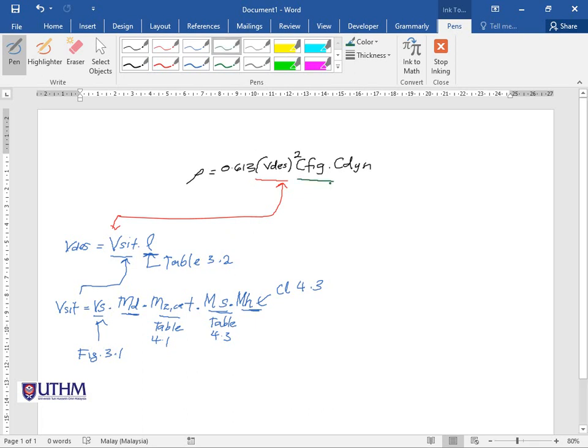So next is this one, the aerodynamic shape factor. I go down here.